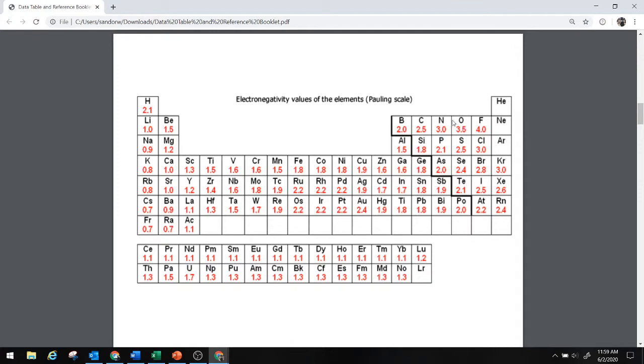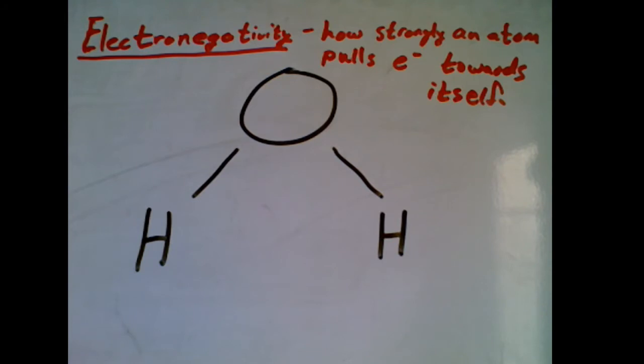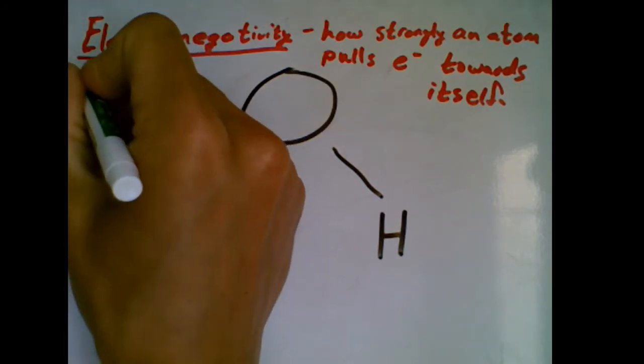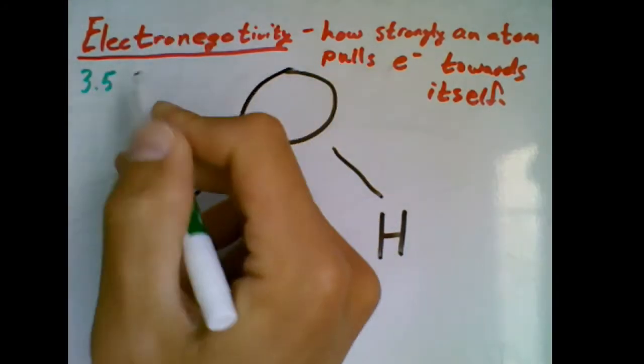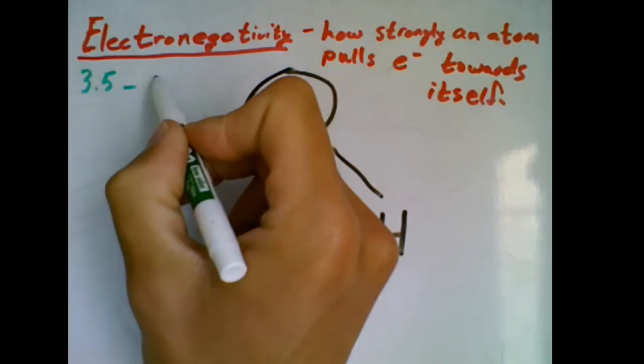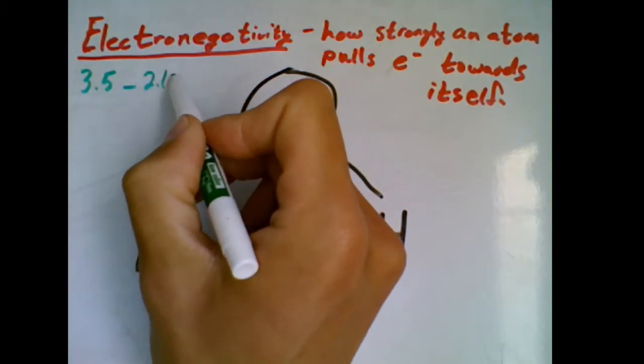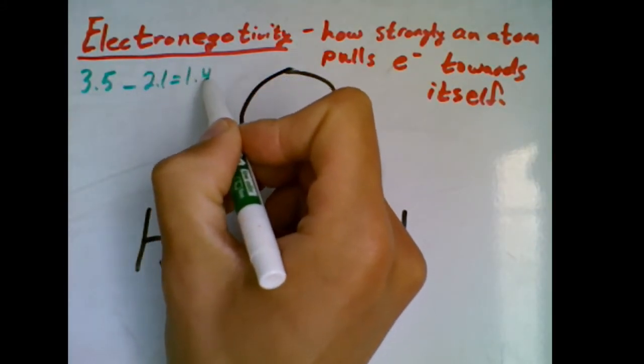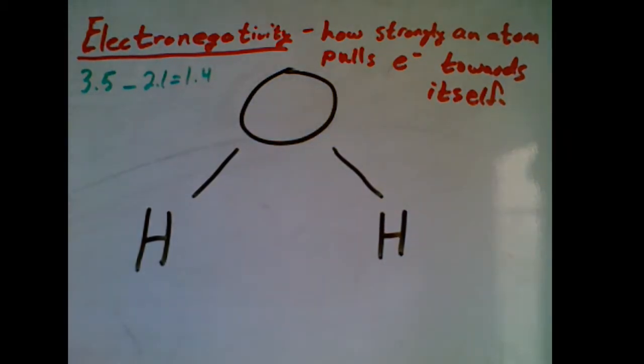We have oxygen, which has an electronegativity value of 3.5, and hydrogen, which has an electronegativity value of 2.1. Using this scale, oxygen, with its electronegativity of 3.5, and hydrogen, with its electronegativity of 2.1, give an electronegativity difference of 1.4.